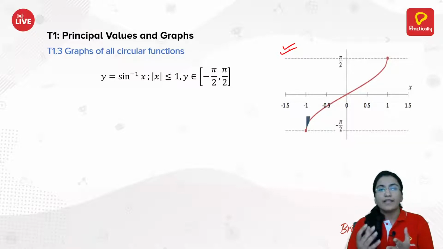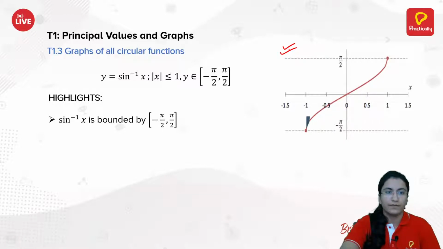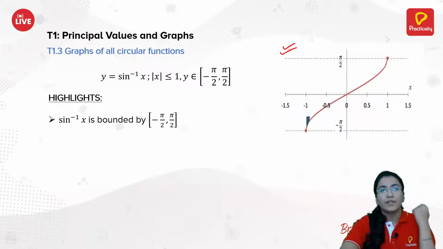So what are the major points which we need to remember for sine inverse x? Some major highlights which we need to remember: the sine inverse x function is always bounded by minus pi by 2 to pi by 2. You have its value ranging between minus pi by 2 till plus pi by 2.